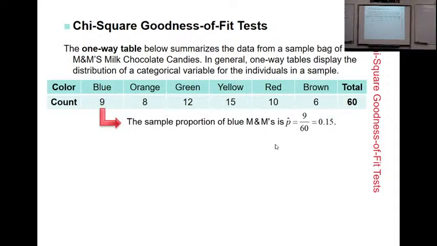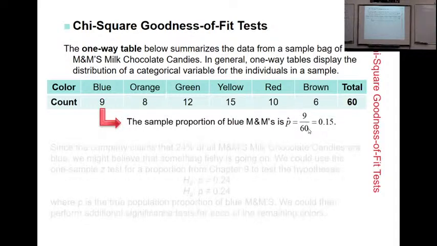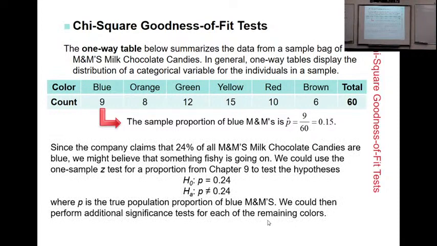And we know our P hat, our sample proportion, would be 0.15. And our claim was that the proportion was 0.24. So we do the null hypothesis being 0.24. The alternative is that P is not 0.24. And we would do the hypothesis test for that.